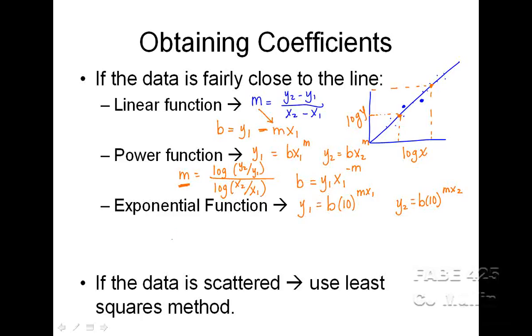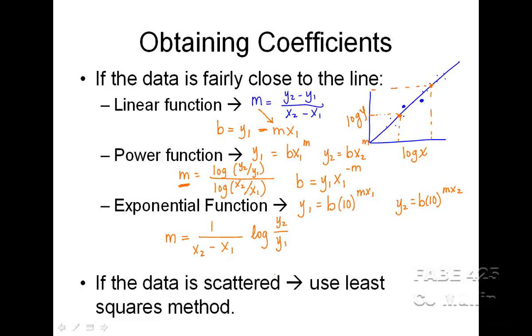And you would solve the two equations simultaneously, so you get your m value. The slope is equal to 1 divided by x2 minus x1, and log of y2 minus y1.